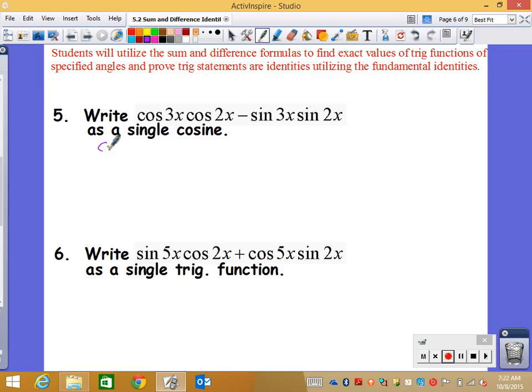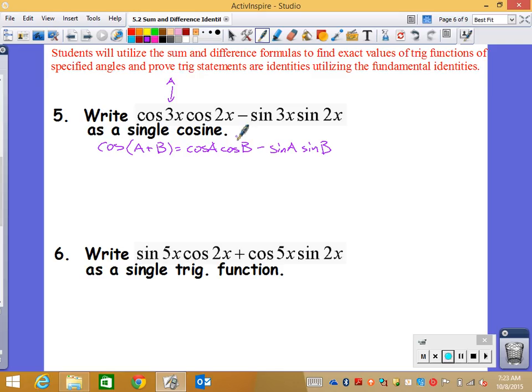So to write that out, cosine of A plus B is equal to cosine A cosine B minus sine A sine B, which looks pretty familiar to my problem. So let's figure out what A and B are. Well, A is my first angle in my first cosine, so 3x.